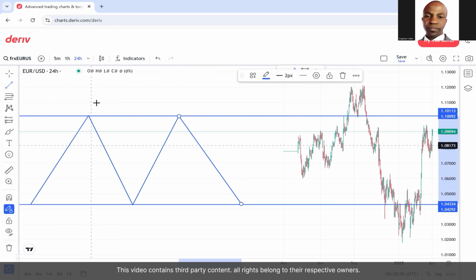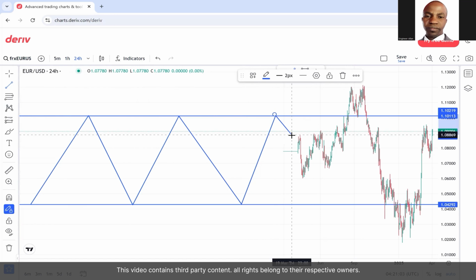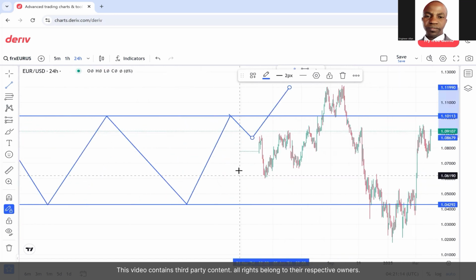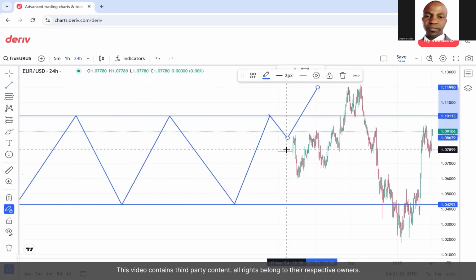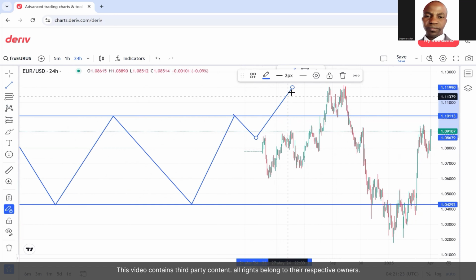And then when this market is ranging like this, at some particular point the market might behave like this. Once the market breaks out, we get out of the consolidation range. Once this breakout happens, that is the time we start looking for entries and the conditions required to enter this market.